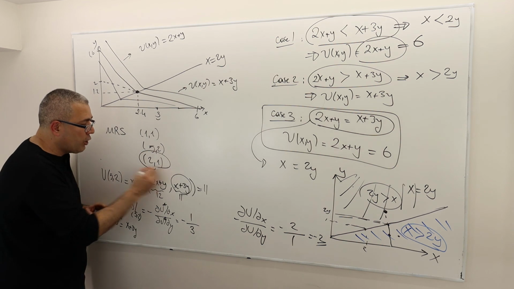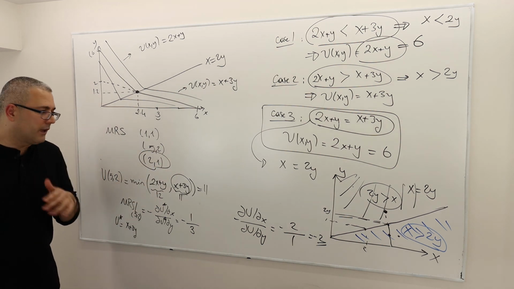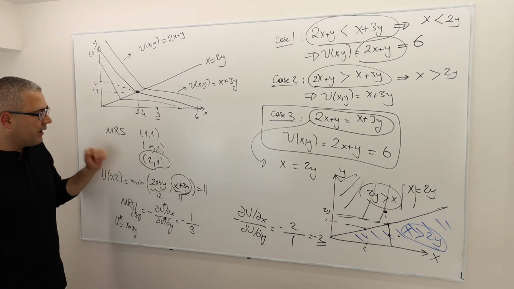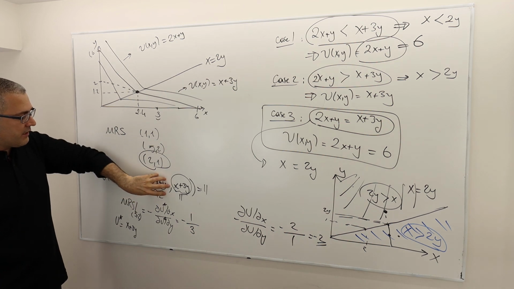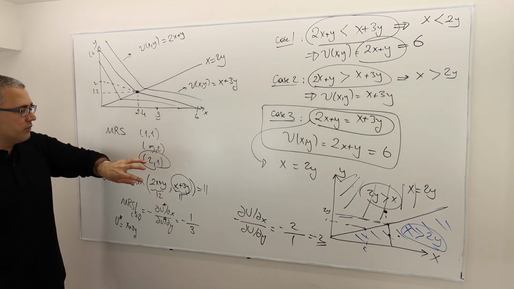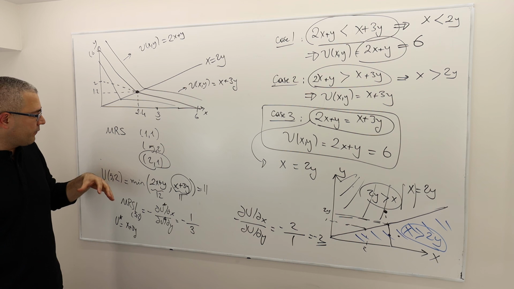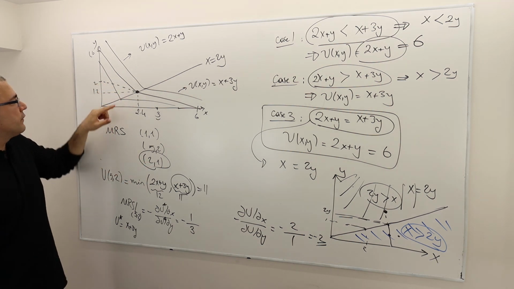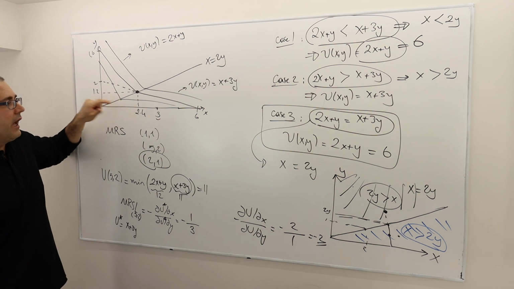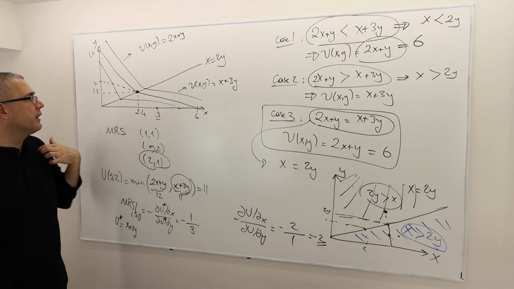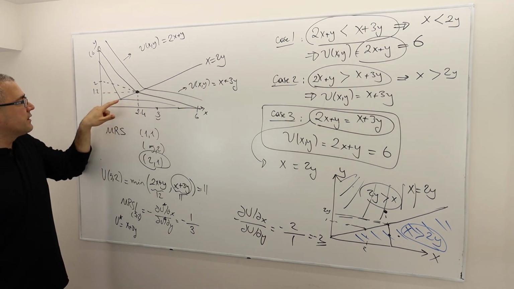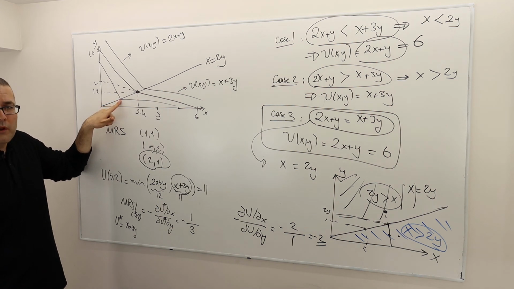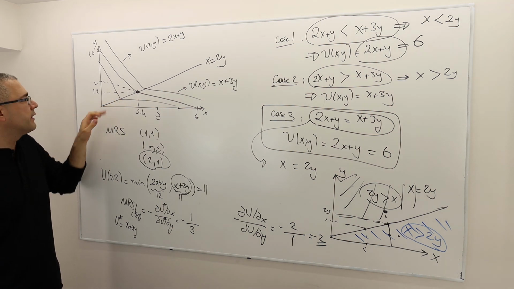And what about 2, 1? Well, I'm going to skip this, but if you do the math, you're going to see that the first argument is equal to the second argument, and therefore this point 2, 1 is on an indifference curve, but it's on the corner. And so, as I argued earlier, because this indifference curve is not differentiable at the corner points, remember the corners are never differentiable.